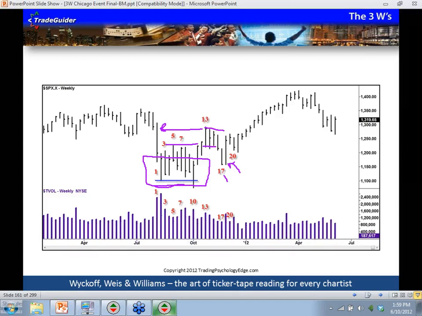A nice, solid bottom reversal, 2-bar bottom reversal. We want to see that generally after a down move of some degree. And here we have a modest one, but a nice one. Notice the volume. As we come down, what's the volume doing? It's decreasing a little bit. It's not increasing to the downside.